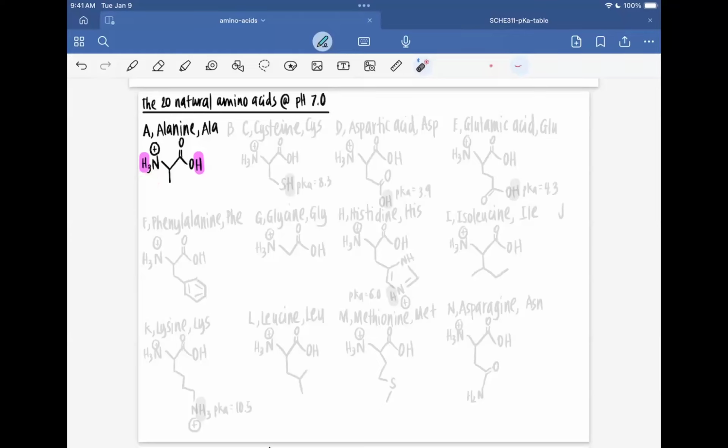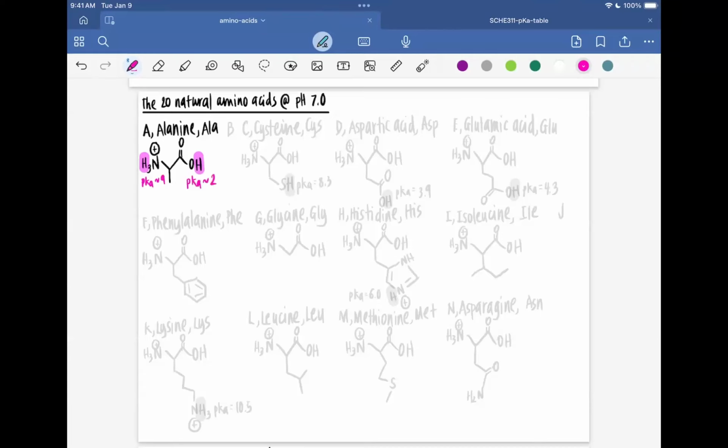But for the purposes of this video, we're just going to look at the average amino group pKa and the average carboxylic acid group pKa for the 20 amino acids. And these values are about 9. So I'll say pKa is about 9 for the amino groups. And the pKa of the carboxylic acid group is about 2.